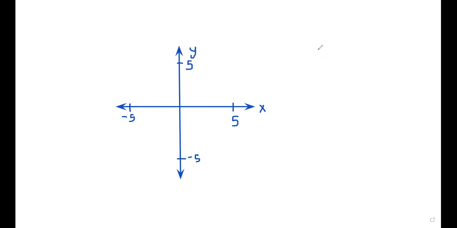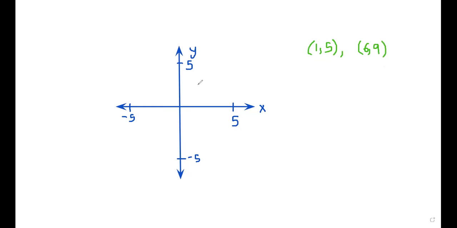So let's take the points 1, 5. I'll change the color in a minute. 1, 5, and another point we'll just randomly pick. How about 6, 9? Okay, so I just picked out 2 points.